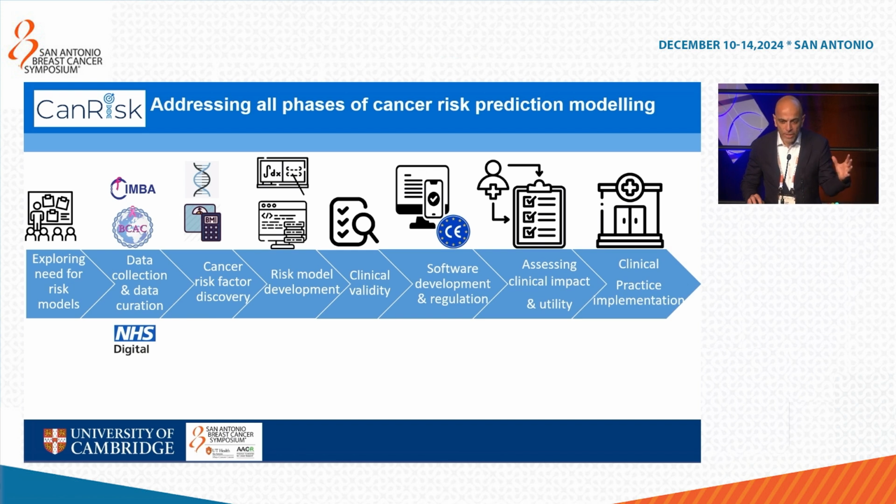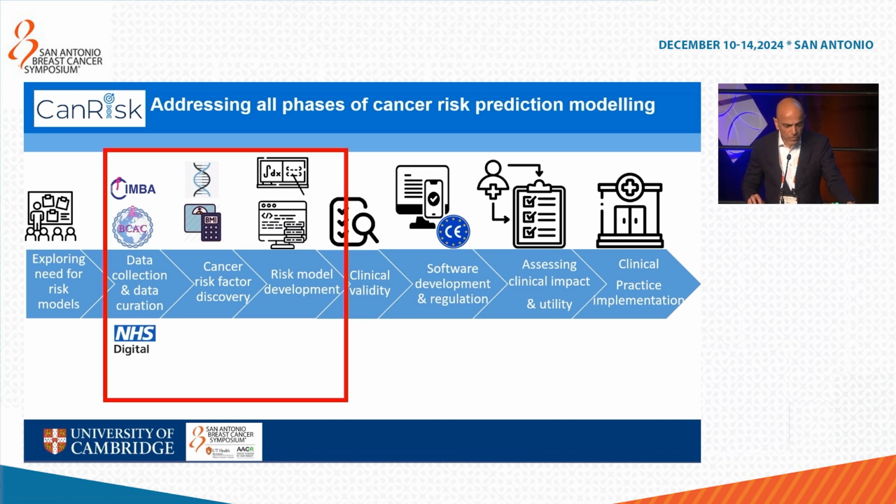And within the cancer risk program, we address all these phases. So what I'll be discussing is some highlights of the work that we do in the different areas, starting with the development of the risk model.